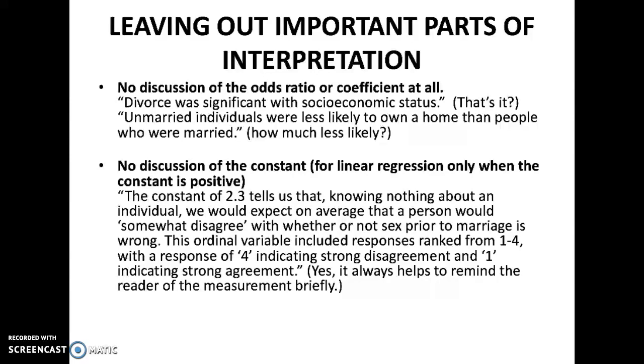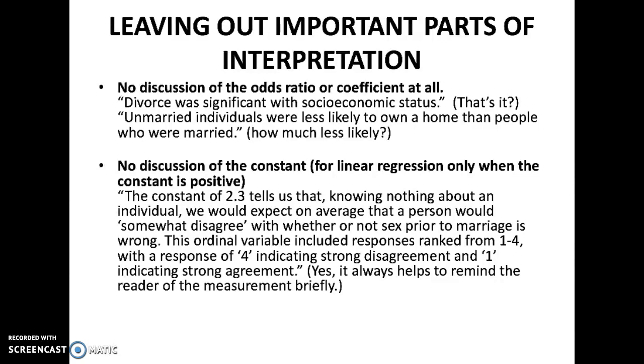You say unmarried individuals were less likely to own a home than people who were married. Well, how much less likely? You should have an odds ratio that tells you that. You should have a coefficient that tells us about socioeconomic status. That's what statistics are for. So please don't skip those parts. That's a big part of this class, right?